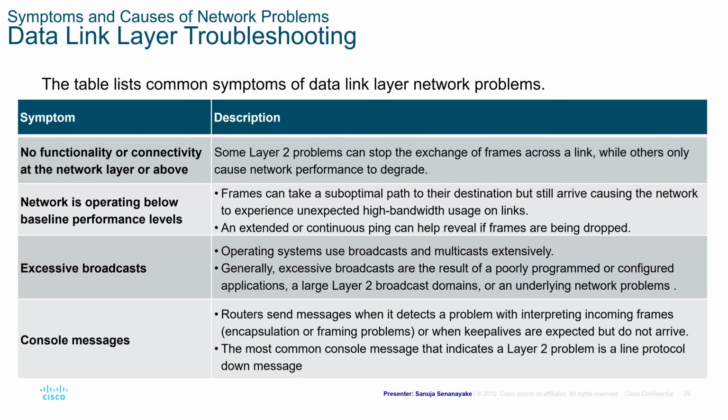Some layer 2 problems can stop the exchange of frames across a link, while others only cause the network performance to degrade. A network operating below baseline performance levels may also indicate a data link layer issue. Frames can take a suboptimal path to their destination but still arrive, causing the network to experience unexpected high bandwidth usage on links.